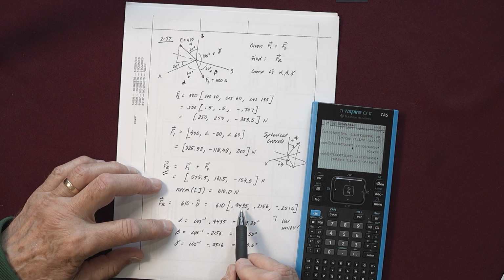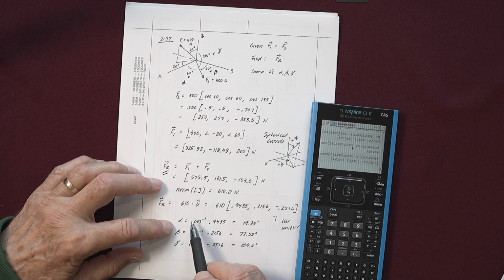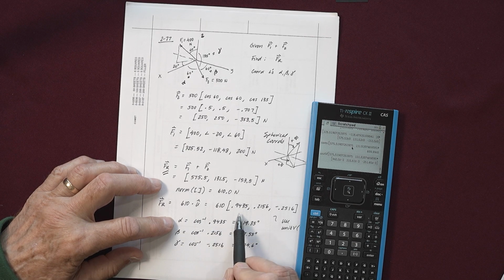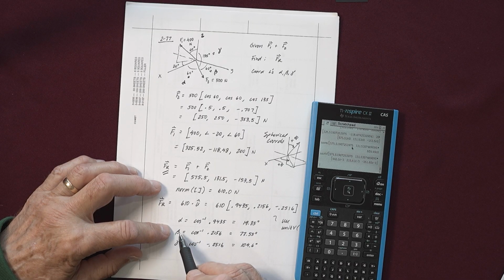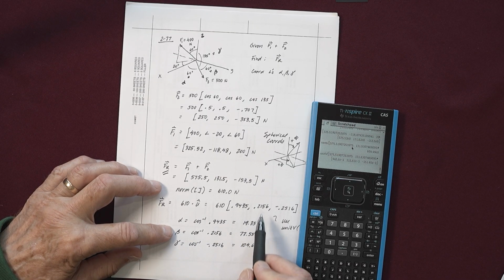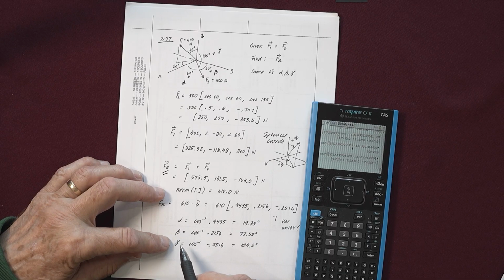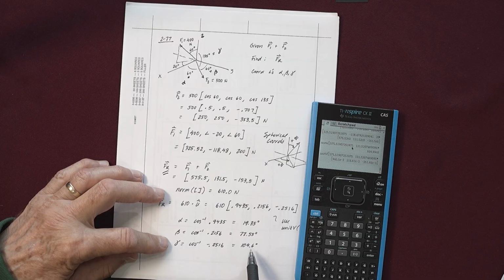So cosine of alpha is equal to this. And so alpha is the inverse cosine of this, which is 19.4 degrees. Beta is the inverse cosine of this guy, which is 77.6 degrees. And gamma is the inverse cosine of this guy, which is 104.6 degrees.